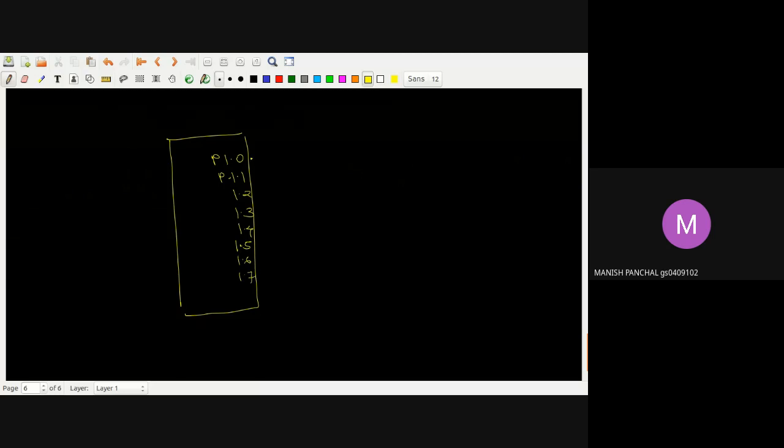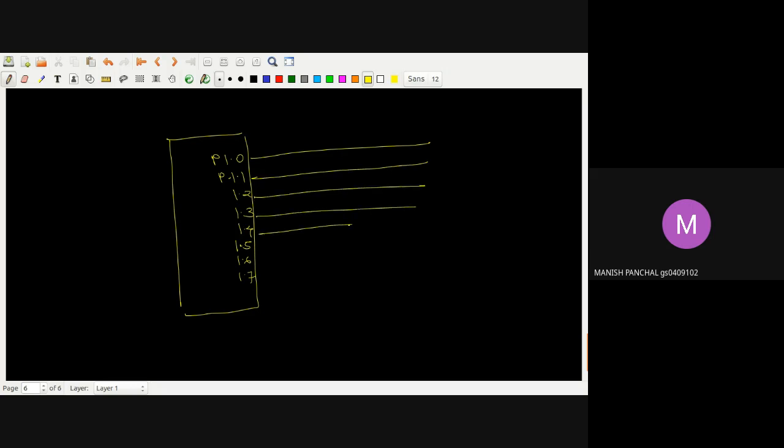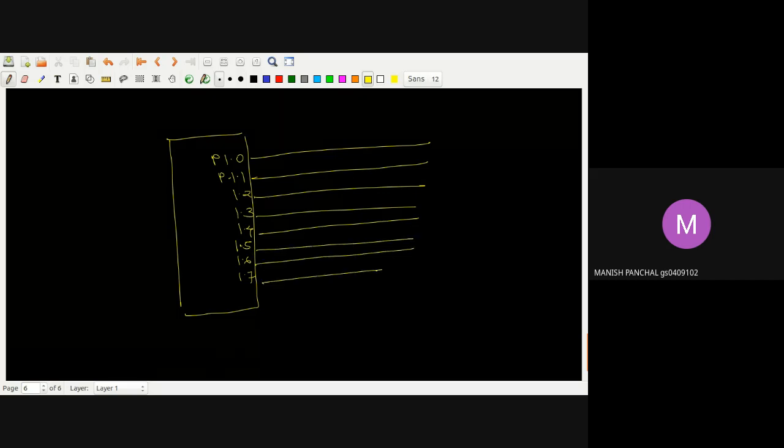So for each and every line, each and every pin, whenever you are making the circuit, it is a compulsory condition that you connect a pull-up resistor. So I connect one pull-up resistor here, one with this line, one with this line, like this.